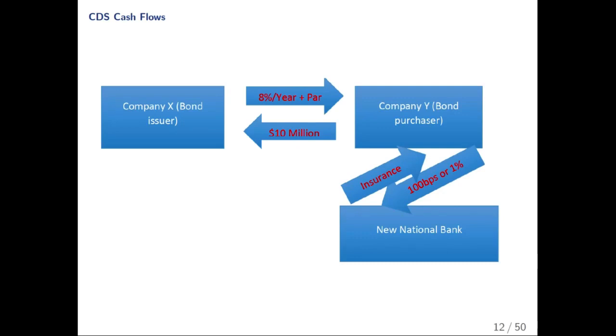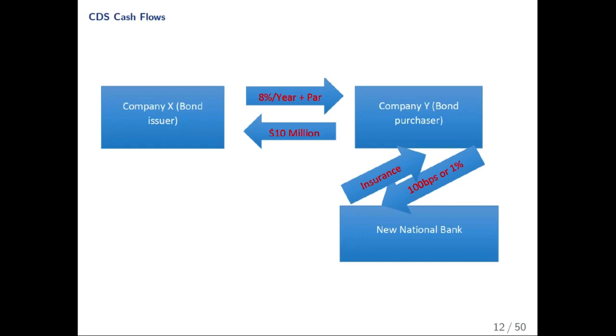The compensation paid by the protection seller, the bank, to the protection buyer, the institution or the investor, is typically the difference between the face value of the bond and the ex-post defaulted price of that bond, which is determined by an auction. So imagine in this example, company X defaults at some point in the future.